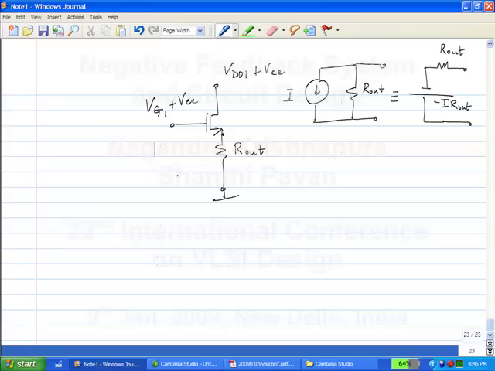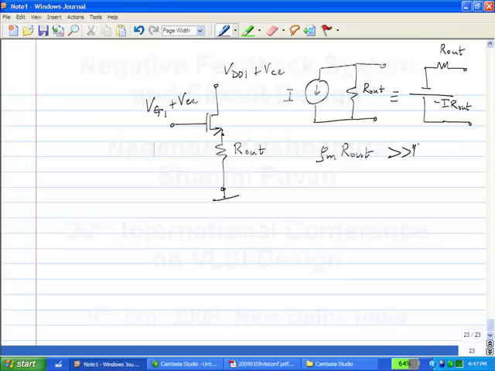That's definitely true. Yeah. So basically, this will work well only when the GM of the transistor times R out is much larger than 1.